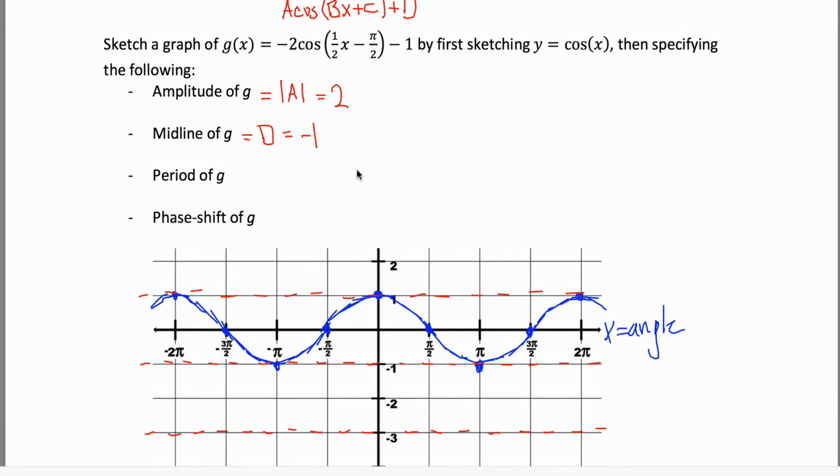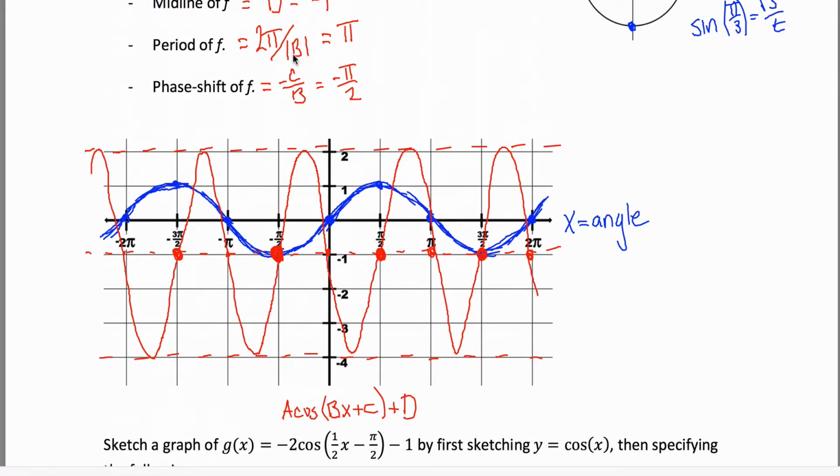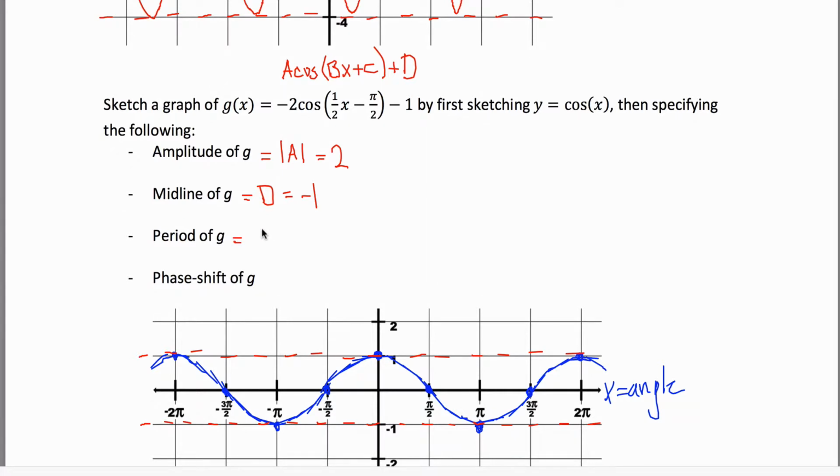Now I got to worry about the horizontal stuff. Period. Remember above here, it was 2 pi over b, although really you don't want it to be negative, so we say 2 pi over the absolute value of b. Same thing here. B in this case is 1/2, so I have 2 pi divided by 1/2. Fractions divided by fractions, that's the same as 2 pi times 2.